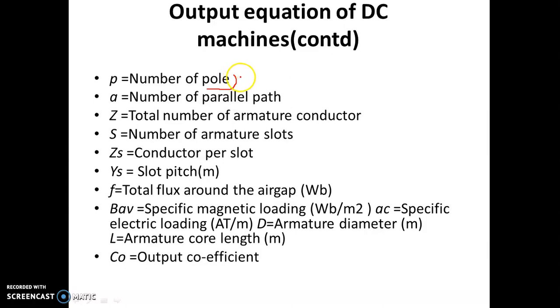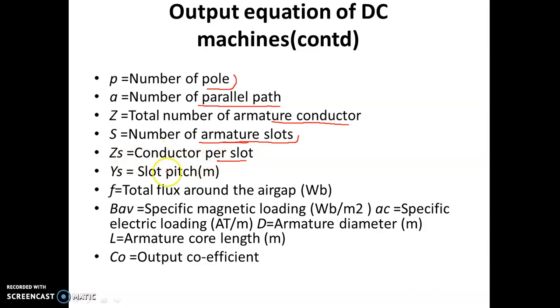If the number of parallel paths is, suppose, 4, then the poles will also be 4. A equals the number of parallel paths, Z equals the total number of armature conductors, S equals the number of slots. In slots we are putting armature conductors. So Zs is the conductors per slot.